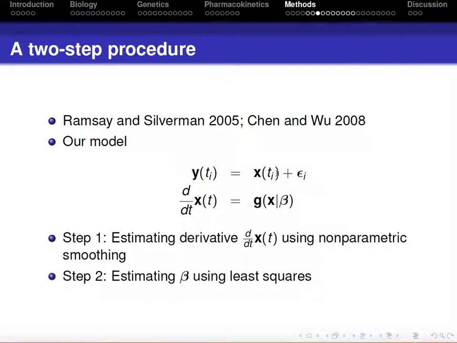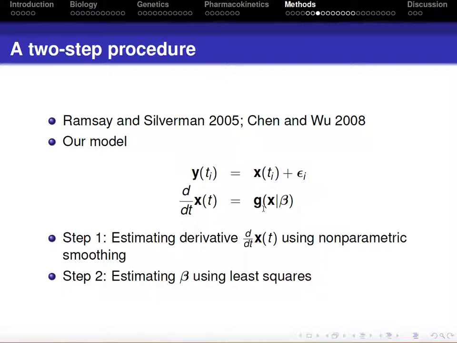So after we know the derivative, we can treat the derivative as the response, and we can treat x as the covariate. Then we can treat this ODE as a regression problem, right? We try to minimize the difference between the left side and the right side to get the estimate for beta.